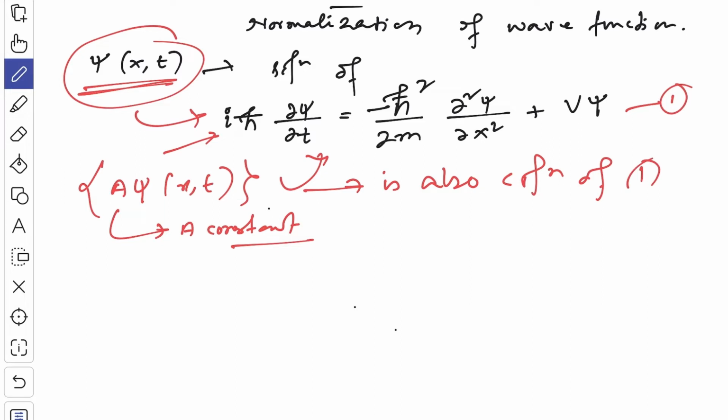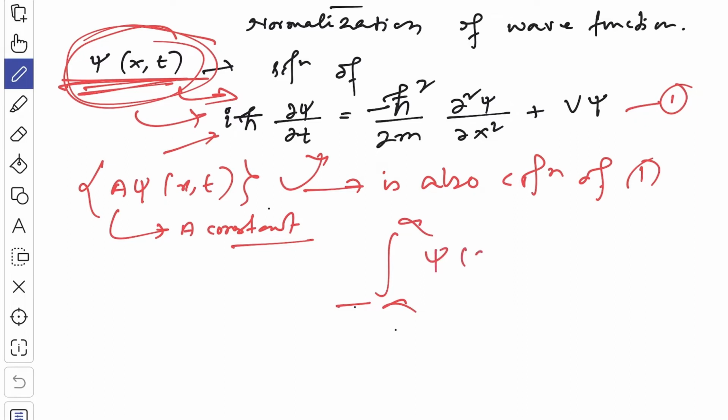And here you see, psi(x,t) is a solution of this Schrodinger equation, and it also satisfies this condition: integral from minus infinity to plus infinity of mod psi(x,t) square dx is equal to 1.